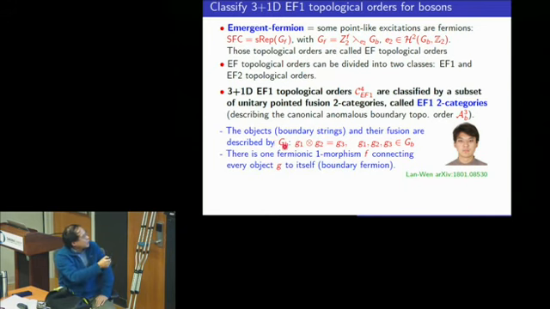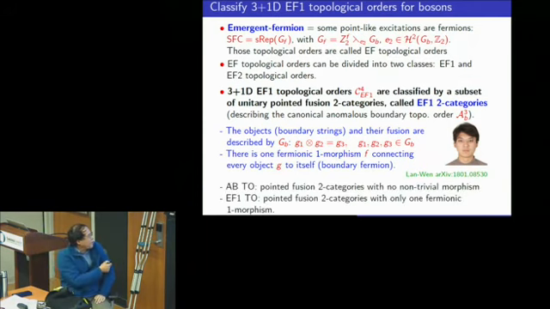But in addition to the boundary string, we also have a fermion, a point-like particle living on the boundary. Compared to the all-boson topological order, where we have a pointed fusion 2-category but no non-trivial 1-morphism, for EF1 topological order the boundary is again a pointed fusion 2-category, but with only one fermionic 1-morphism. Adding this one fermionic 1-morphism is the only distinction.